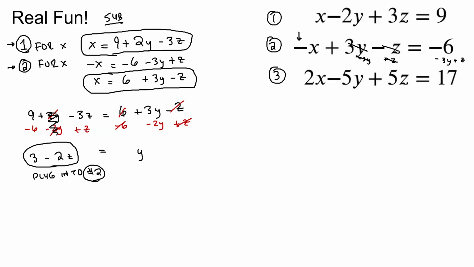All right. So let's write out number three. Okay, so here I'd have a 2 times x, and I already know what x is. I could use either one of these up here, but I'll take that top one for no particular reason. That would be 9 plus 2y minus 3z.